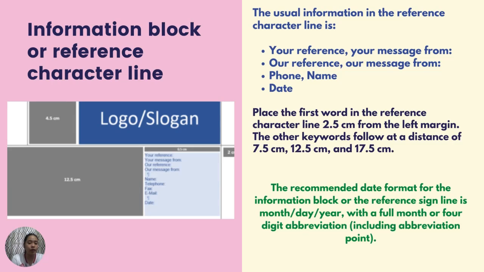The recommended date format for the information block is month, day, and year with a full month or four-digit abbreviation, including the abbreviation point. The information block is followed by the subject line with an interval of at least two blank lines.